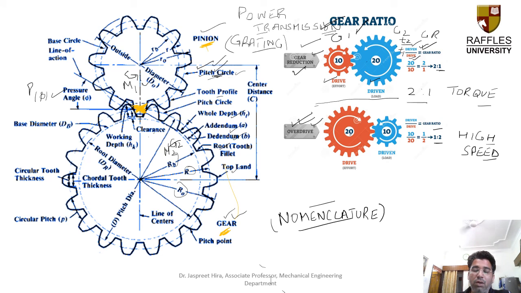And also you should be aware of when we have to maintain the overdrive and when we have to maintain the gear reduction. These two parameters are really very important, and the gear ratio definition and the gear ratio value, you should be well versed with. Okay, so thank you everyone.